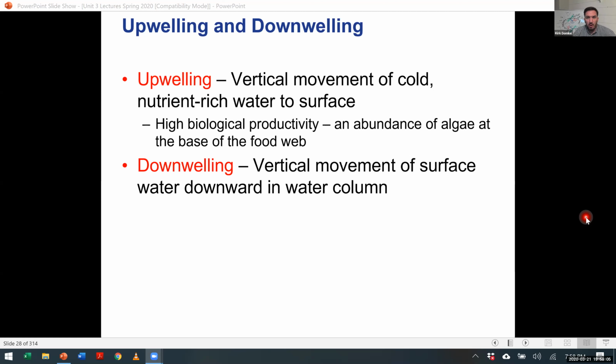But how is the water beneath the surface different than the water up there at the surface? We've talked about this before. Warm water floats on top of cooler waters. So when you get that deeper water to come up to the surface, it's bringing that cooler temperature up to the surface. And the other thing that the deeper water will have is nutrients, because every time a fish poops, that poop sinks.